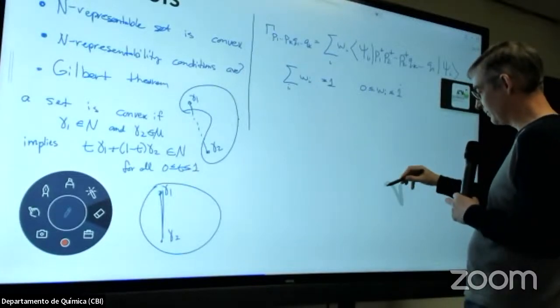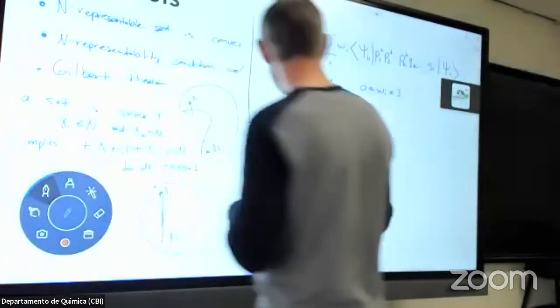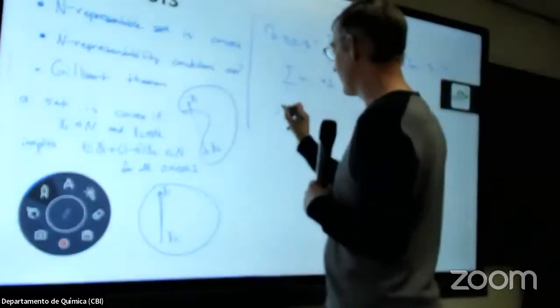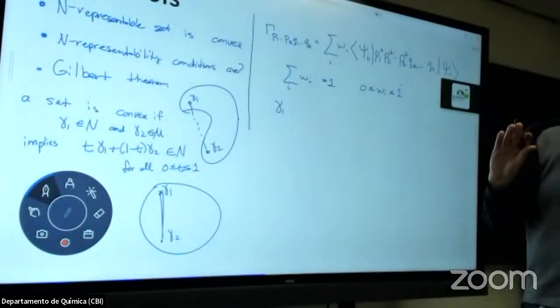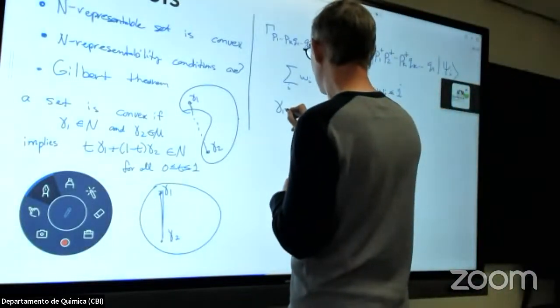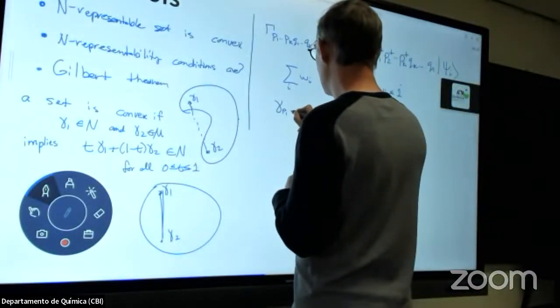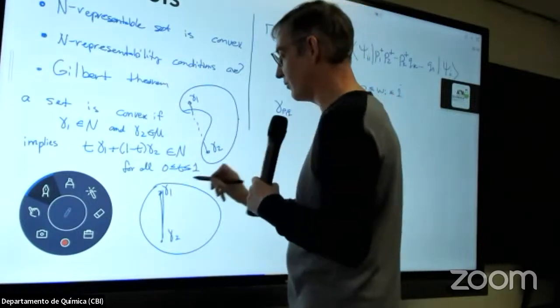Okay. So now, what does this mean? Gamma 1, right? My first density matrix. I'm going to be a little bit sloppy with it. Well, maybe I don't need to be sloppy. Let's just write it here. It's going to be P1, well, no reason to write P1, Q1.